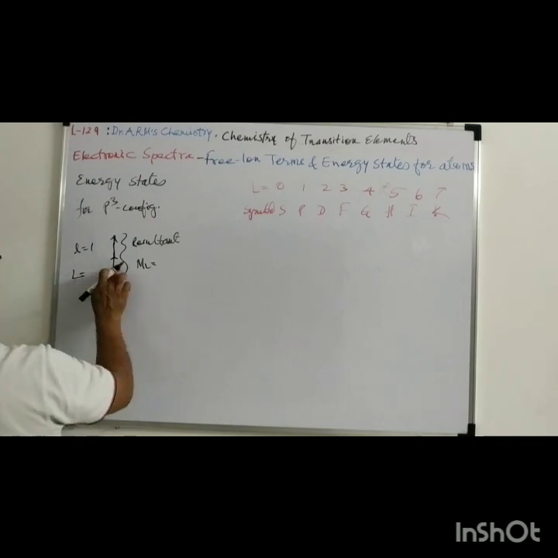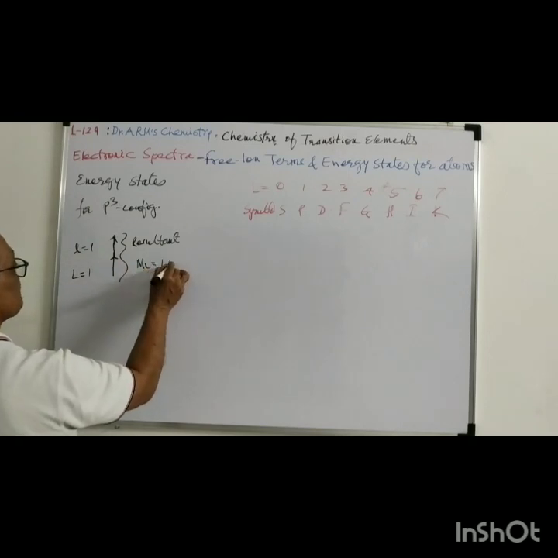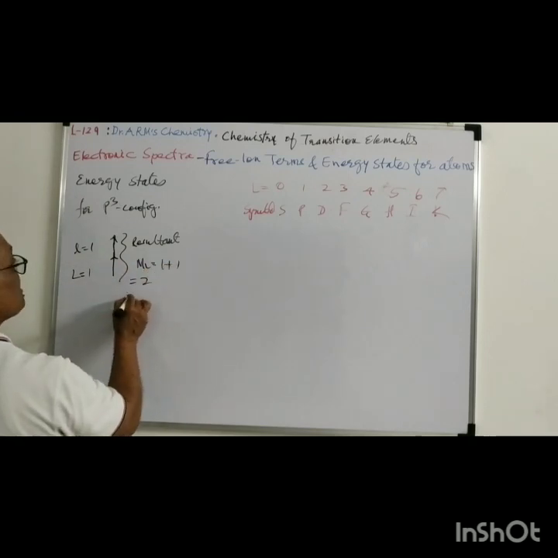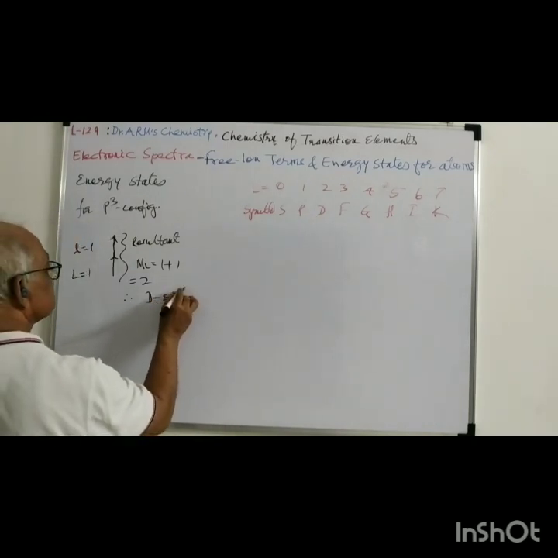This is 1 because the length is the same, so this is 1 plus 1 which is equal to 2, and therefore for 2 it is D state.